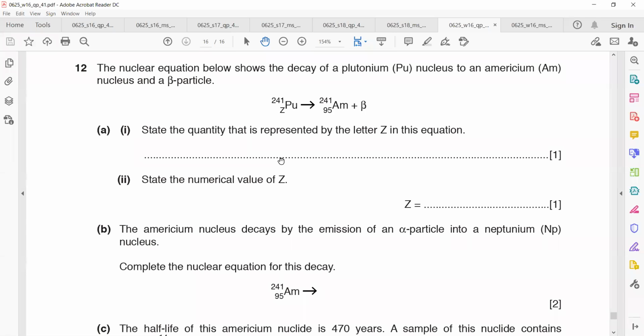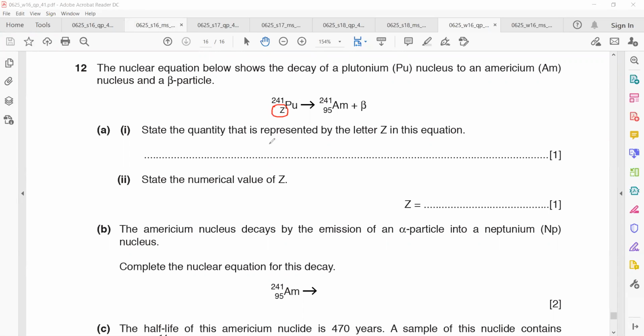Okay, in this question, a nuclear equation below shows the decay of plutonium to americium by beta particle. State the quantity that is represented by Z. What is the letter Z?